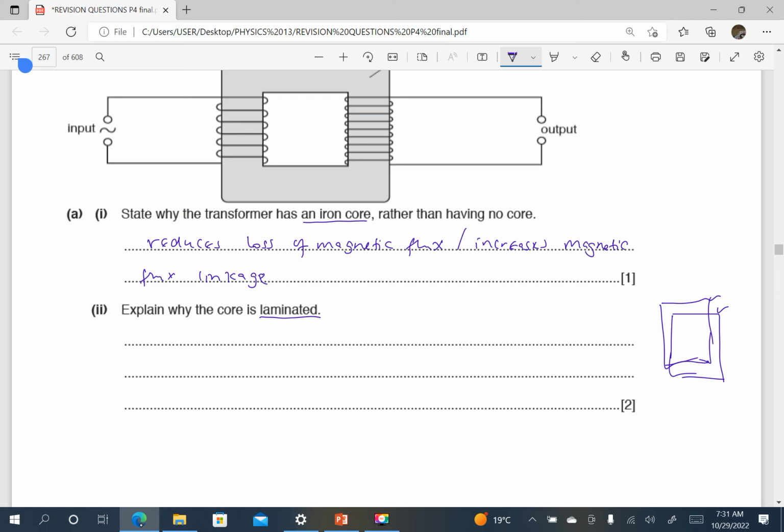So laminating reduces the size of the eddy currents in the core, so the heating of the core is reduced.